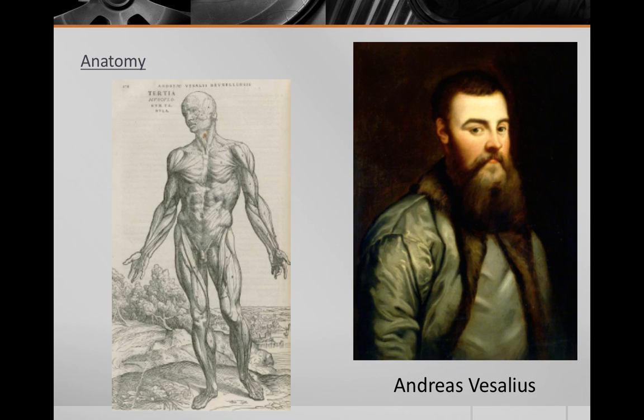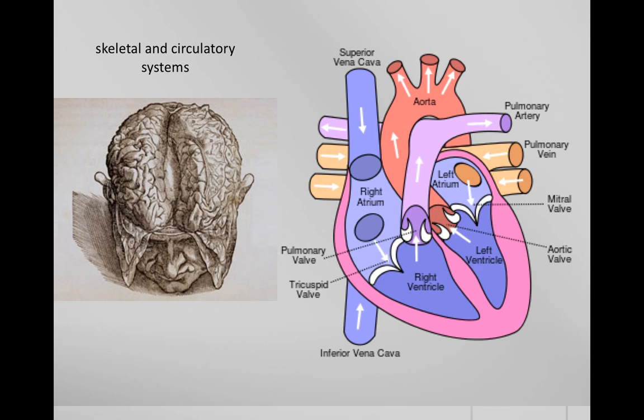He's going to carefully examine that and make these drawings, which help people better understand how the body works. And many of his drawings are still commonly used in a lot of medical textbooks even today. So they have had a huge impact on the study of medicine and anatomy and the physical form.